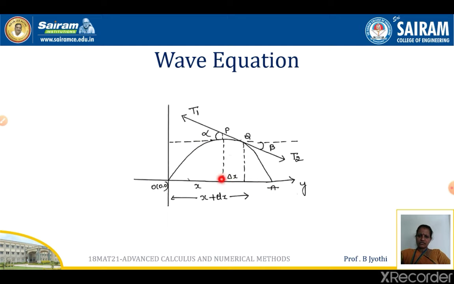We have taken a small distance, that is delta x, and when we take up to Q, it will be x plus delta x. This is T1 and this is T2, the angle made at the point P is alpha, the angle made at the point Q is beta, and this is the origin O, and this is the point A.